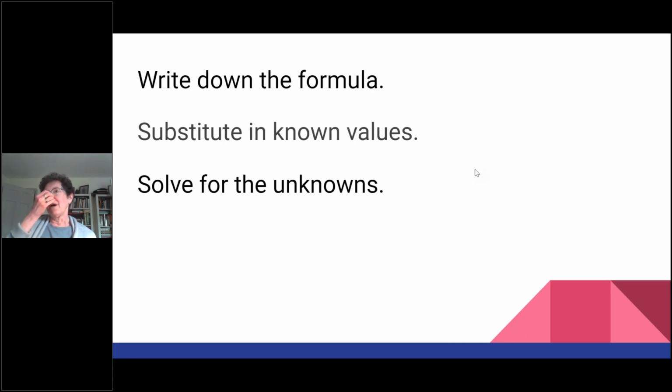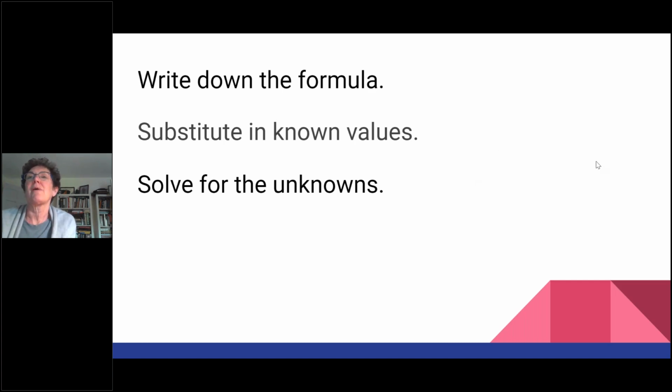Most of the time, you are given the formula right in the problem, but if you are not, frequently you will have a formula sheet to use if you're taking a test. So make sure you make use of that, and following these easy steps will help you solve those problems.